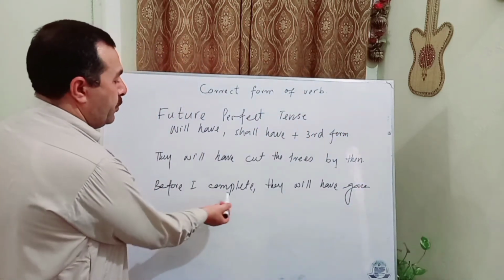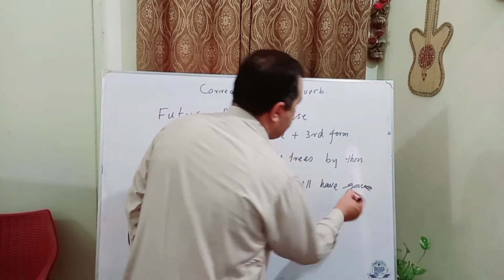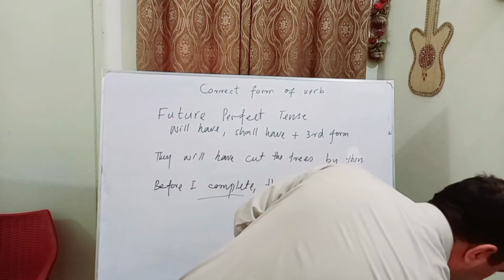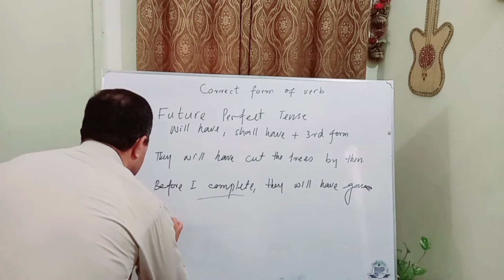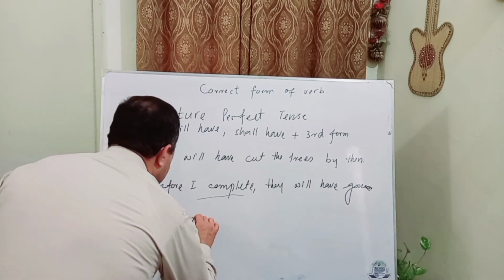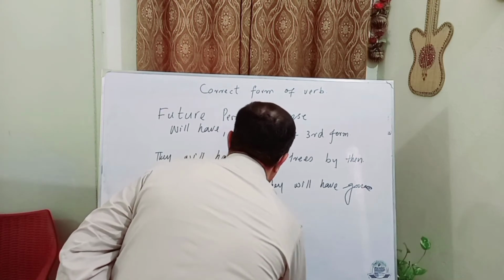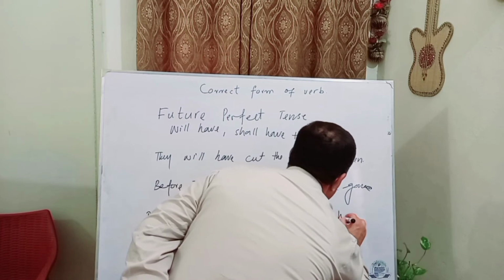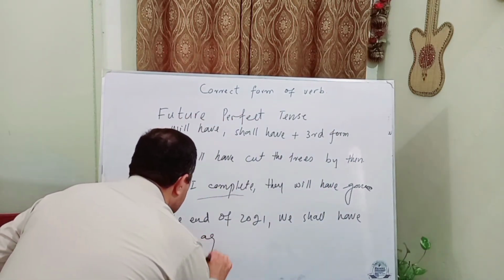So when I use before with the present indefinite tense, once again I will use this tense, will have with the third form of the verb. And if I say by the end of 2021 we shall have won against corona.